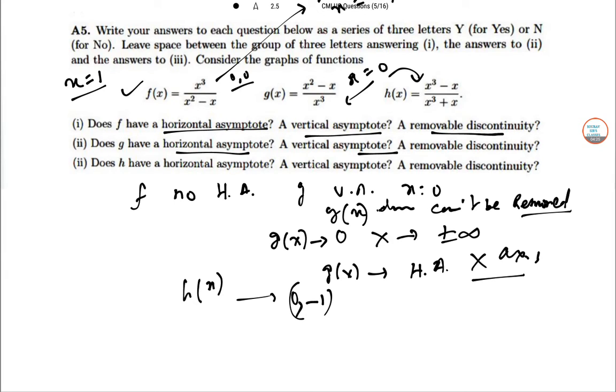Okay, so no vertical asymptote, and it tends to 1 if x tends to plus or minus infinity. So h has y equal to 1 as the horizontal asymptote. So first one is no, yes, yes. Second one is yes, yes, no, and the third one is yes, no, and yes. Okay, so A5 successfully done.